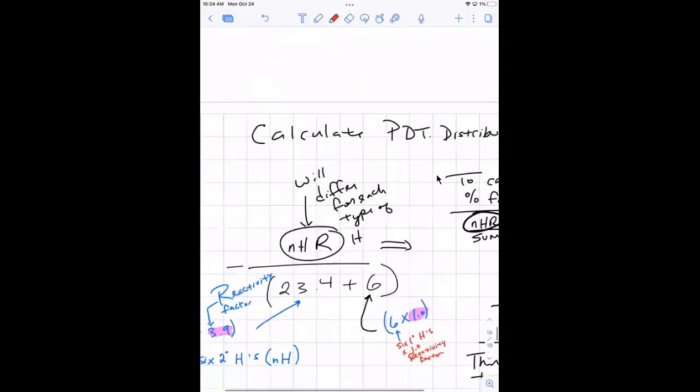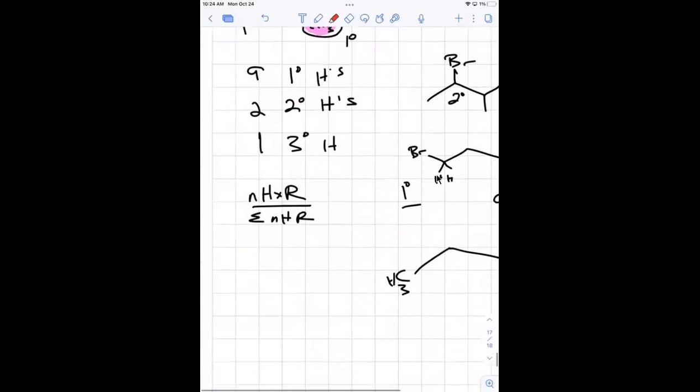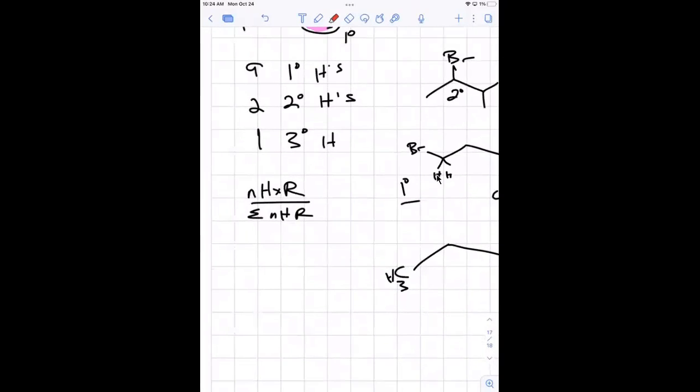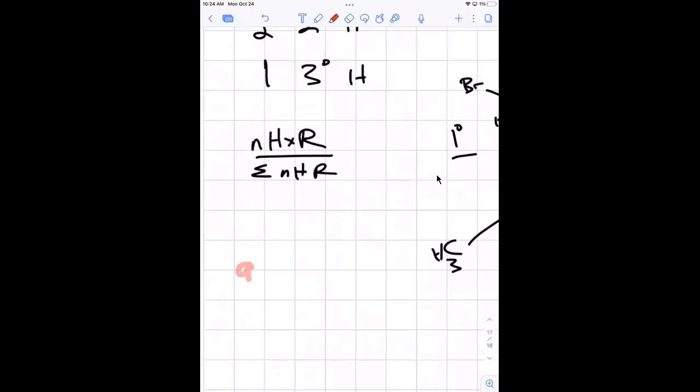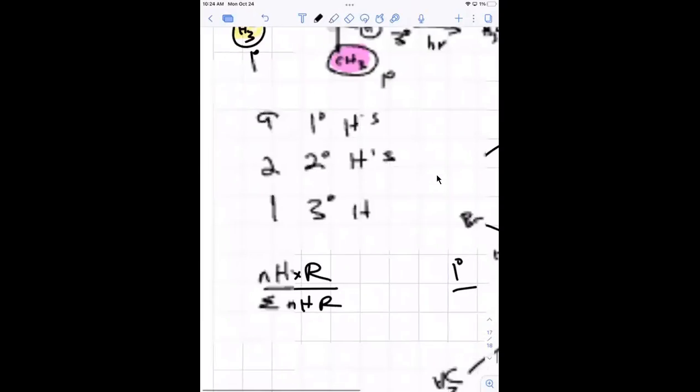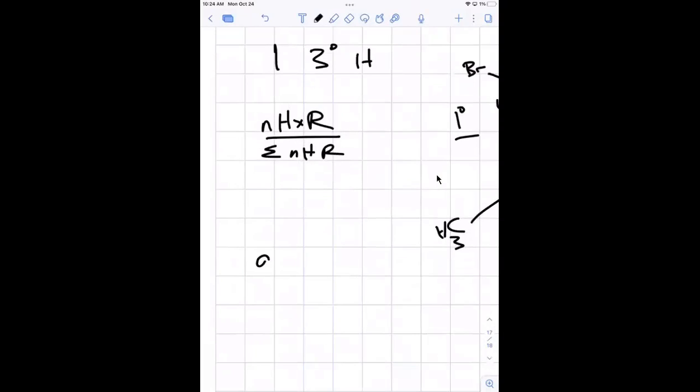So let's get the sum down here before my iPad passes away. In the denominator, for primary it is 9 times 1, because the reactivity factor R is 1 for primary hydrogens.